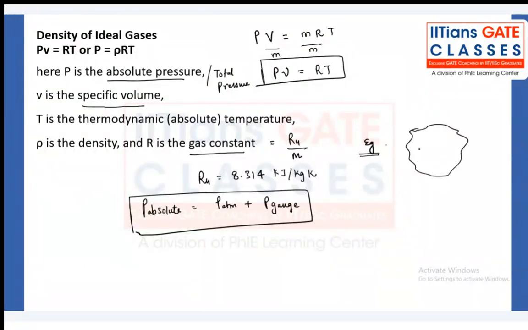For example, there is a certain place. At that particular place, we have the atmospheric air, and atmospheric pressure is 100 kilopascal. Suppose at that location the total pressure is, let's say, 120 kilopascal.